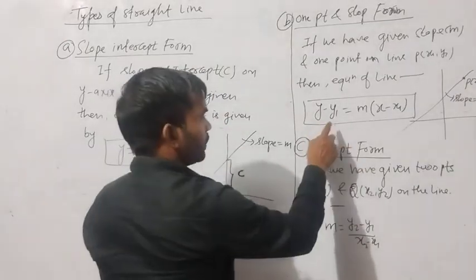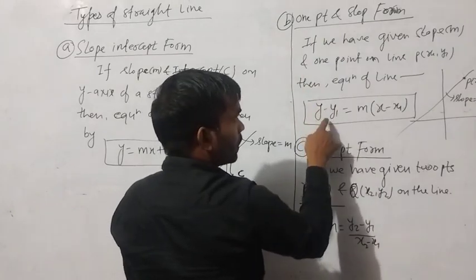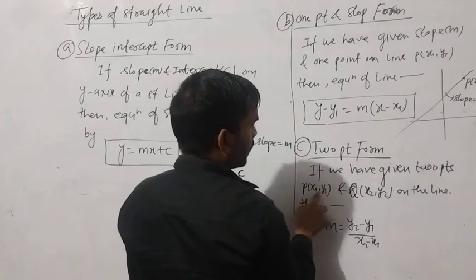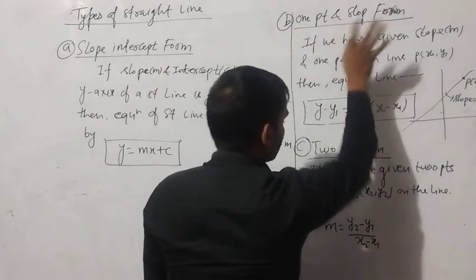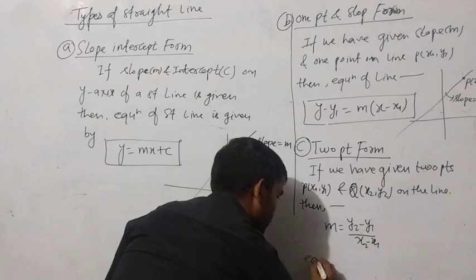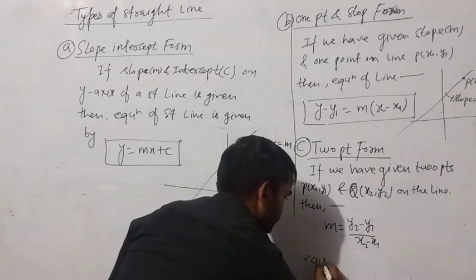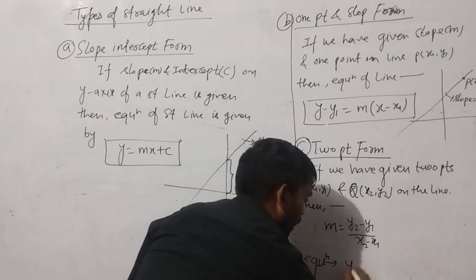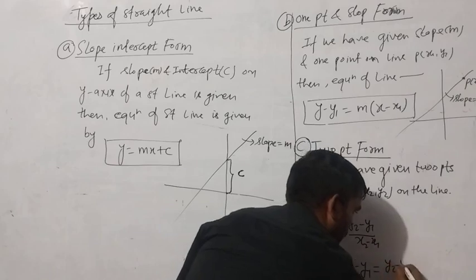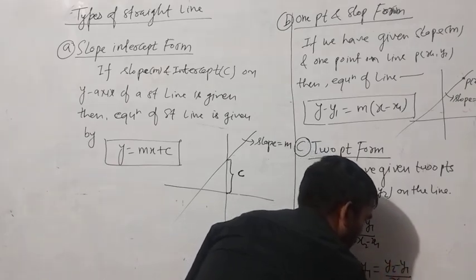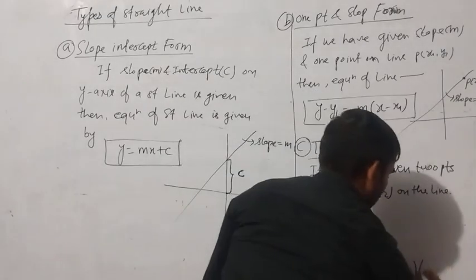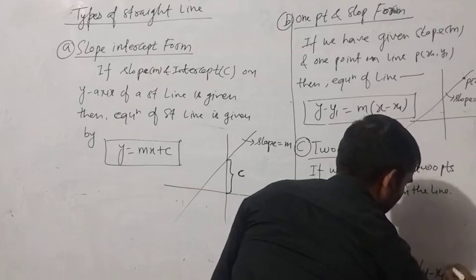And if you use this slope and 1 point from here, that is the 1 point and slope form, then using this condition you can simply write the equation: y minus y1 is equal to (y2 minus y1) upon (x2 minus x1), times (x minus x1).